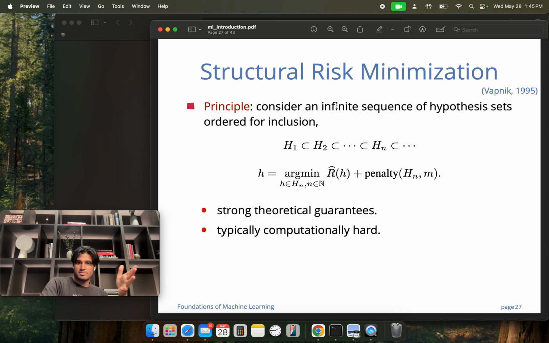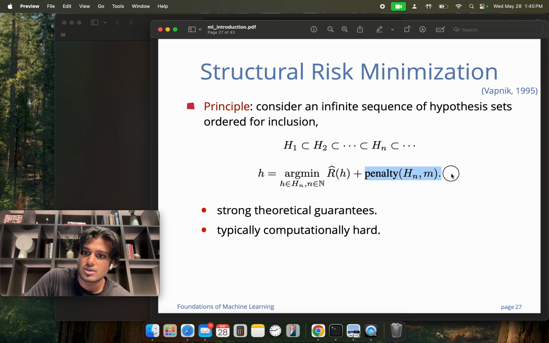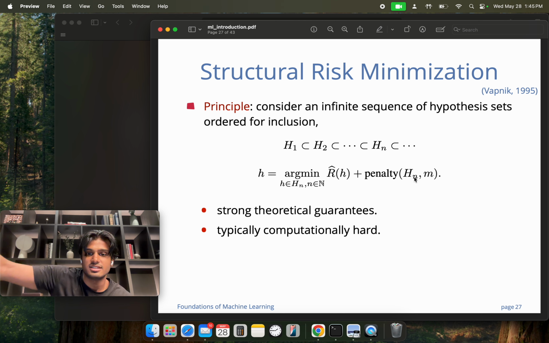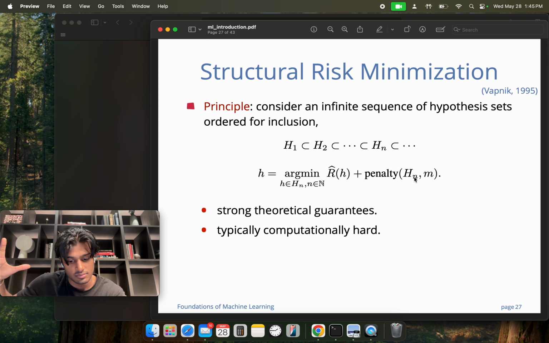So structural risk minimization is, instead of just doing the empirical error minimization, you do the empirical error minimization, but then you also add a penalty for how complicated your hypothesis set is. So when Hn is higher, the penalty would be higher. The more complicated hypothesis classes you use, the higher penalty you get. So the algorithm will try to choose simpler and simpler hypothesis sets.